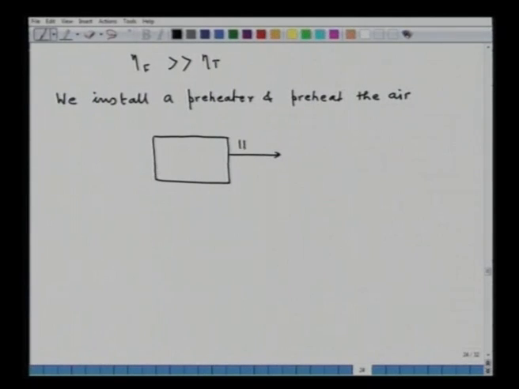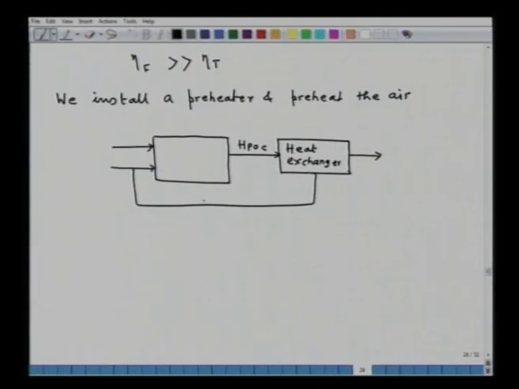Here HPOC is out, and it is taken into the heat exchanger. This is again out, and from here we have the fuel input, and this is the sensible heat in air.